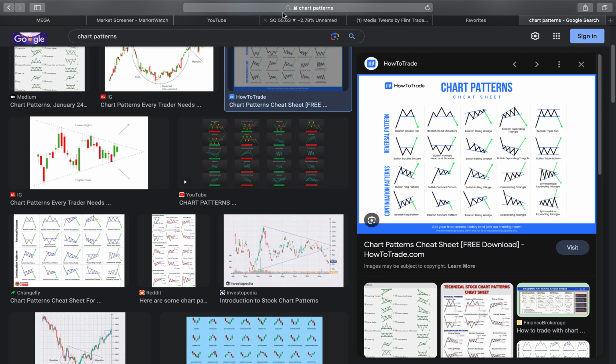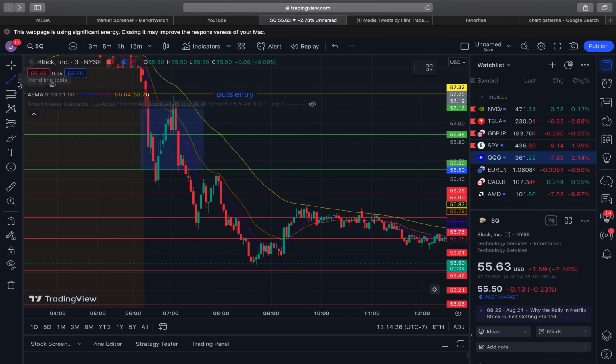For example, right here, this would be a bearish flag pattern or bearish pennant. See, chart patterns are very rarely going to be exactly what the picture shows, but this is generally a wedge right here, right?